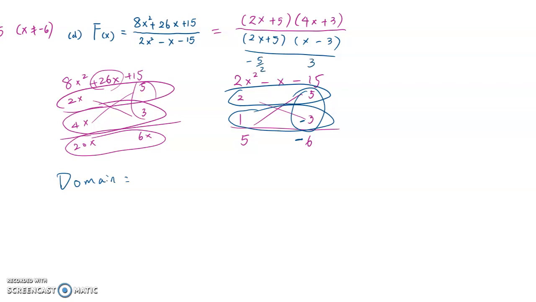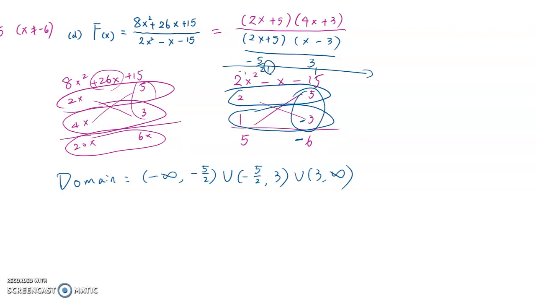I will say it's from negative infinity to negative 5 over 2, union from negative 5 over 2 to 3, union from 3 to infinity, because these two numbers cut our whole number line into 3 intervals.